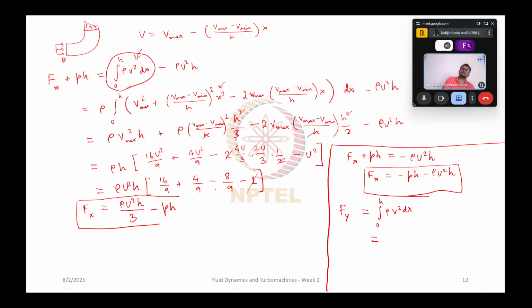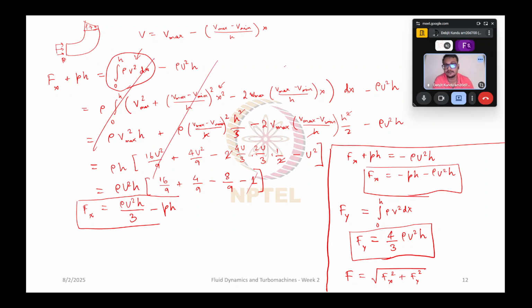So 12 by 9, that is 4 by 3. So 4 by 3 rho u square h. This should be the y direction force. And if you are interested in the total magnitude of force, then you can just take a square root of the sum of these two forces. Sorry, I made some mistakes earlier. These are wrong. This is the correct one.